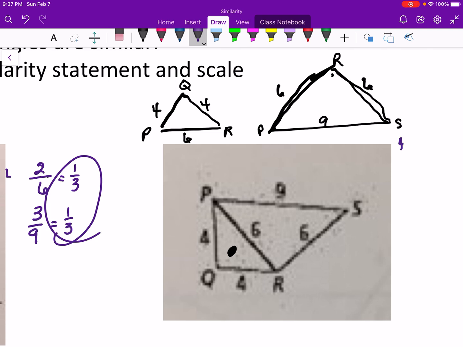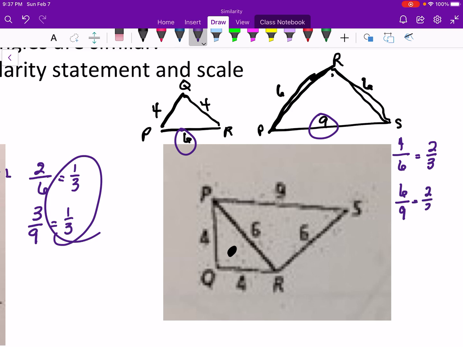We have 2 sides that are 4 long and the small one, 2 sides that are 6 long. So the 4 to 6 must be the ratio of those corresponding sides. That reduces down to 2 to 3. And then that base, the long side, that's the 6 and the 9. And 3 will divide into both of those evenly.